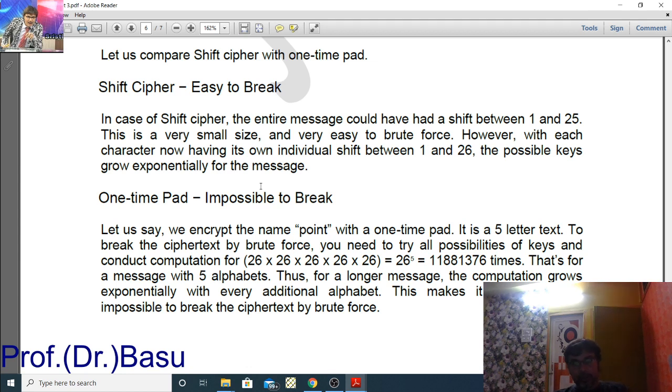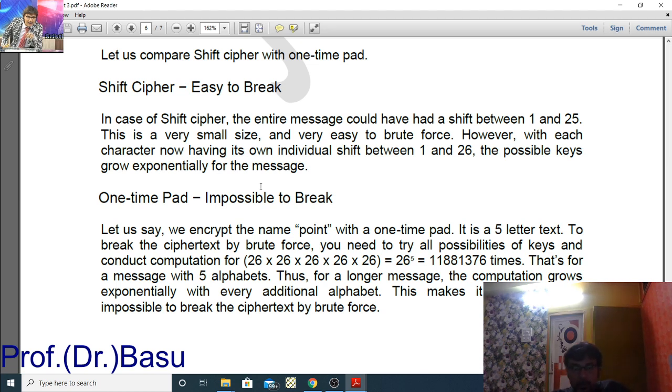If we think about 5 letters, then each and every letter can be replaced with any of the 26 letters. Let's say A may be replaced by A, by B, by C. In this way A may be replaced with any of the 26 letters. Same way, B will be replaced by 26 characters.